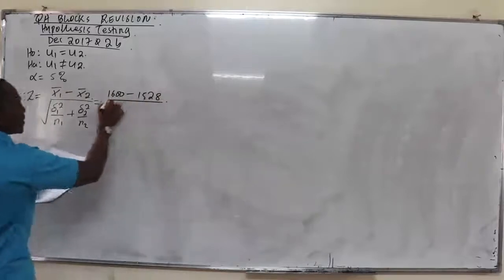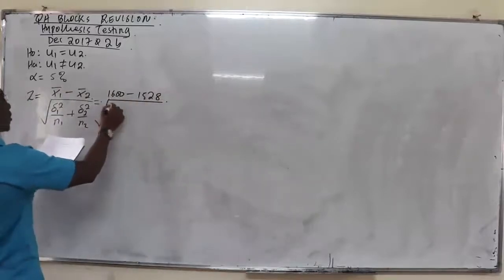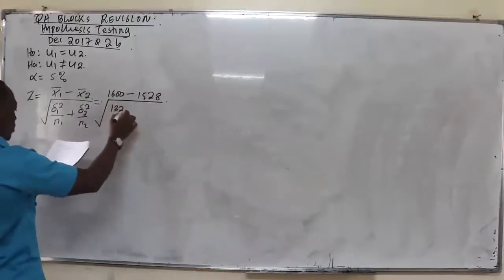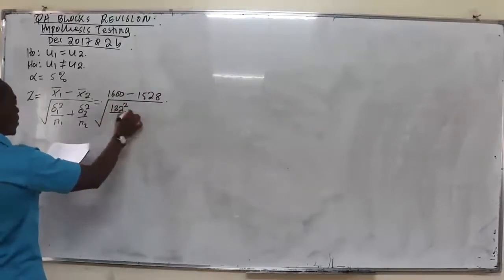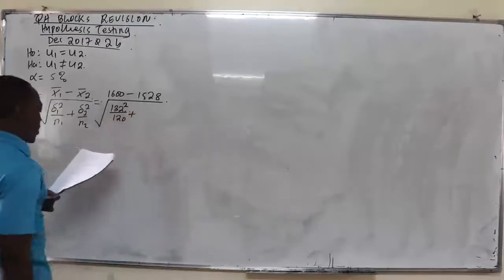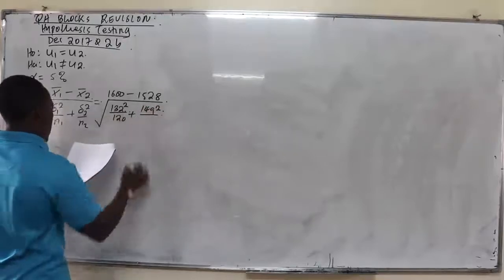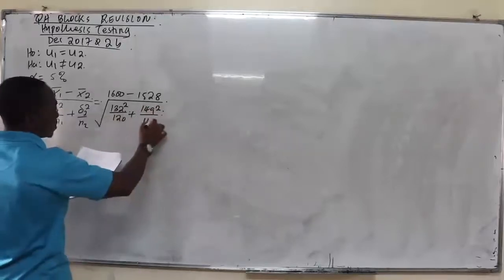Then you divide by the square root of 130 squared over its sample size, 120, and then you add 149 squared over its N, which is 110.